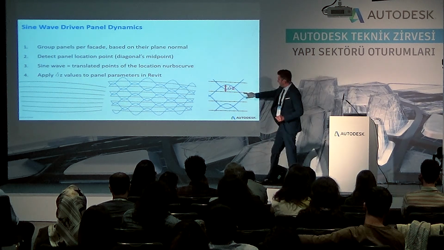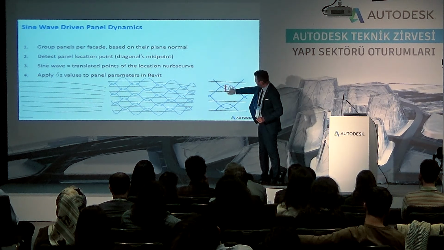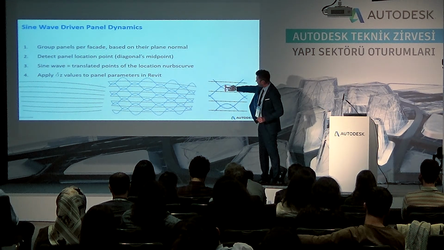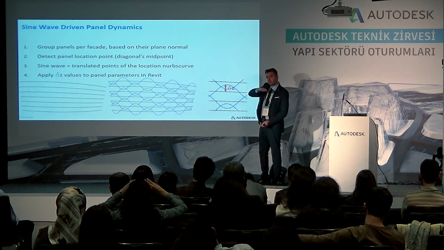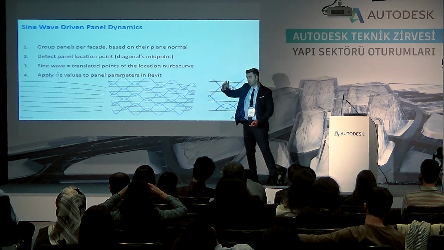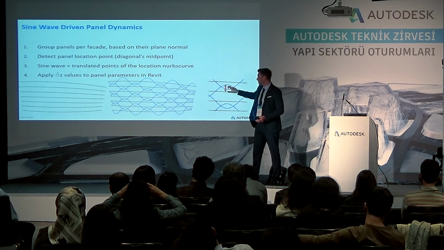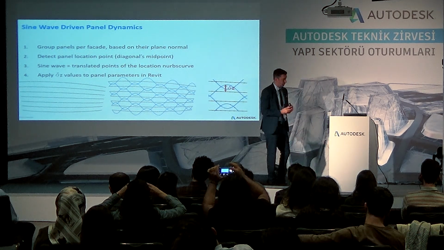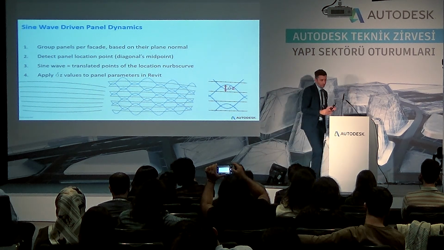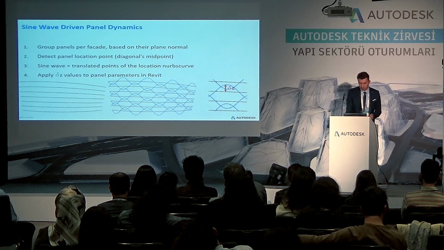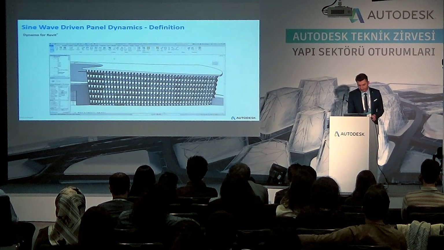So we can take this delta Z value and match it to the opening of the panel. So then the panels will have a nice wavy effect. Also the same value, we can map it to the extrusion, to the extension of the facade, so we can have a very nice 3D effect.